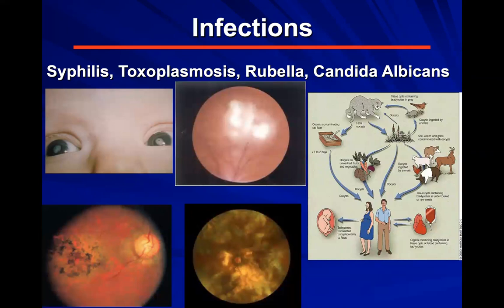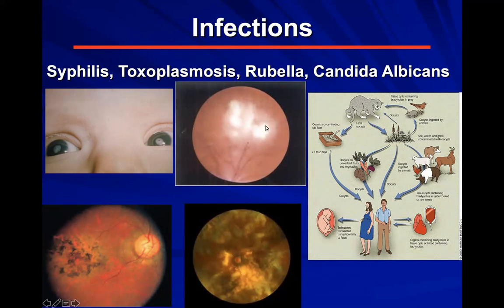So when you look at all these, the next thing I'd like to talk about in systemic diseases is your infections. So syphilis will cause abnormality in the eyes. Toxoplasmosis, as you see here, will cause macular problems, causing decreased visual acuity. Your rubella, as you see here, will cause abnormality in the retina.